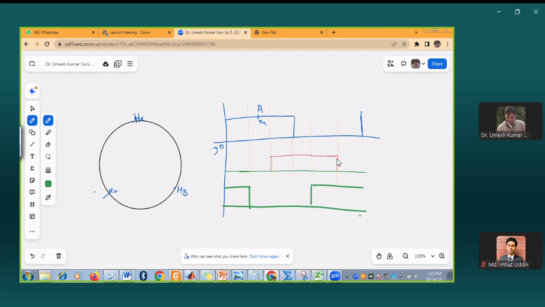Okay, so this is total 360 degree. Here every Hall sensor has 120 degree displacement from each other.